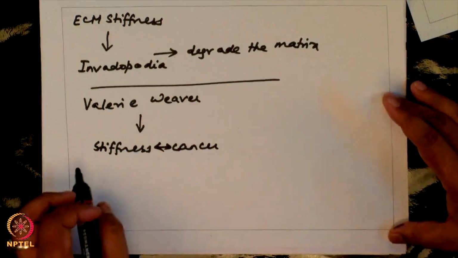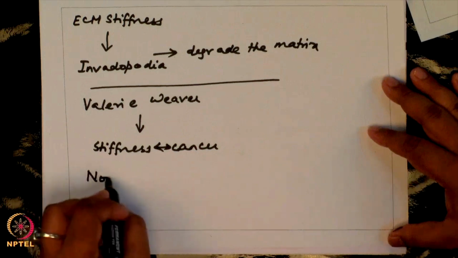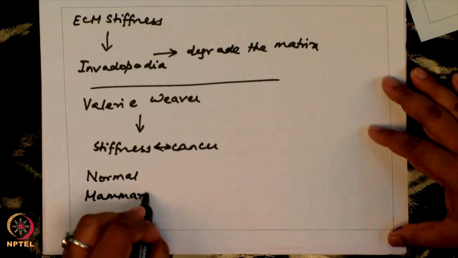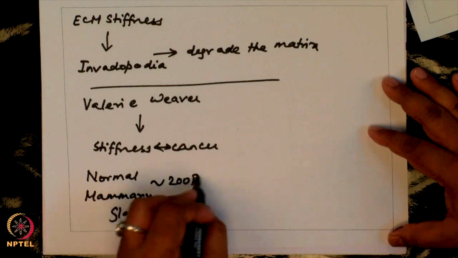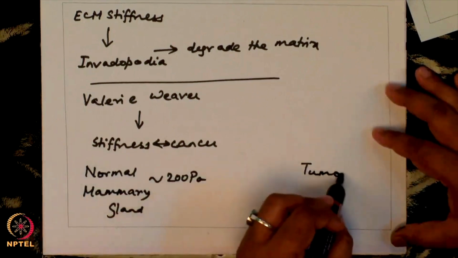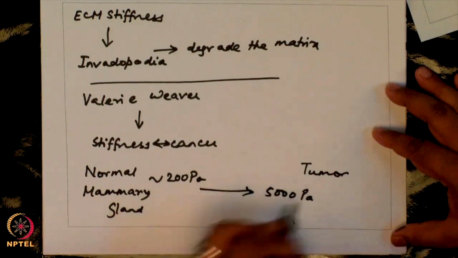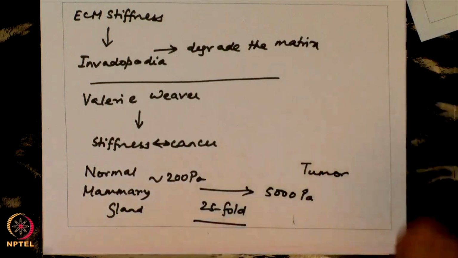What she showed was that normal mammary gland is of the order of 200 pascals in stiffness. In case of tumor, this 200 pascals increases to nearly 5000 pascals, so you have a 24-fold, 25-fold increase in stiffness.